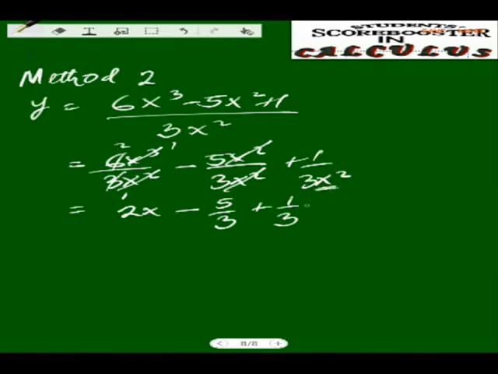Instead of writing this s squared in this form, I put it as s raised to the power minus 2. Please let me quickly explain what I did here, I mean, how I did the division.